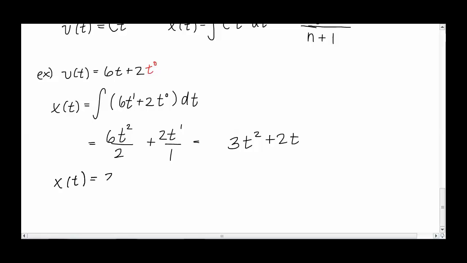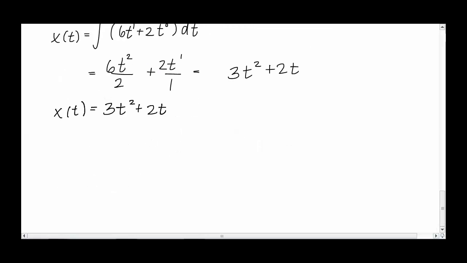All right, let's do another example. x of t is equal to 3t squared plus 2t. All right, so our velocity function in this example is 6t cubed minus 4t squared.